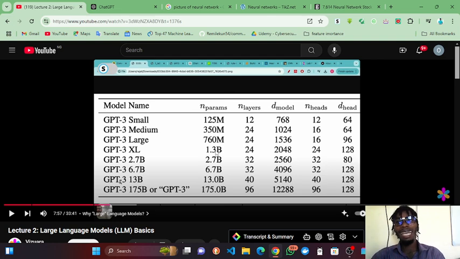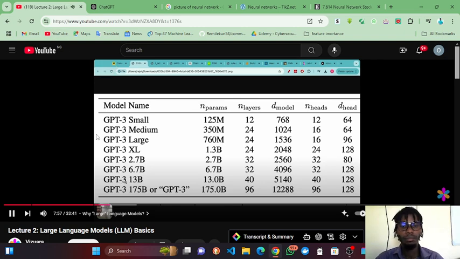So the bigger the parameters used, that's why they are called large language models. As of now we still have billions, but very soon we'll be having models trained with trillions, quintillions, in the nearest future.